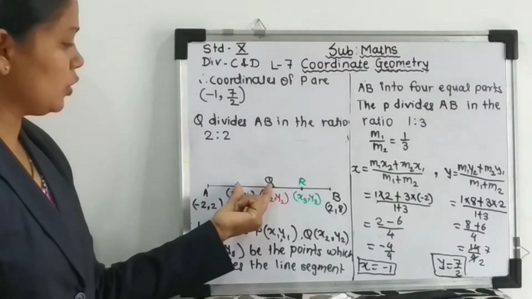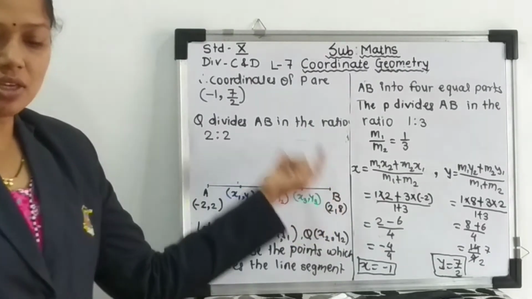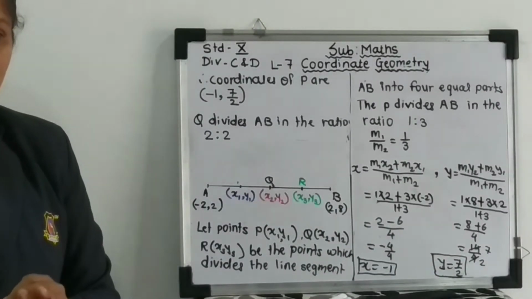This is 1 plus 1, 2. 1 plus 1 is 2. That is, Q is exactly in the middle, we will say.